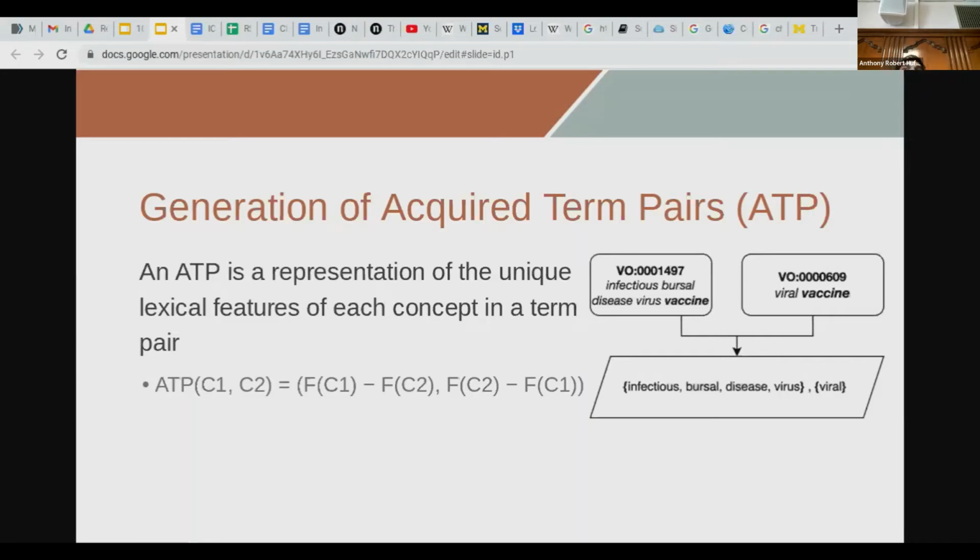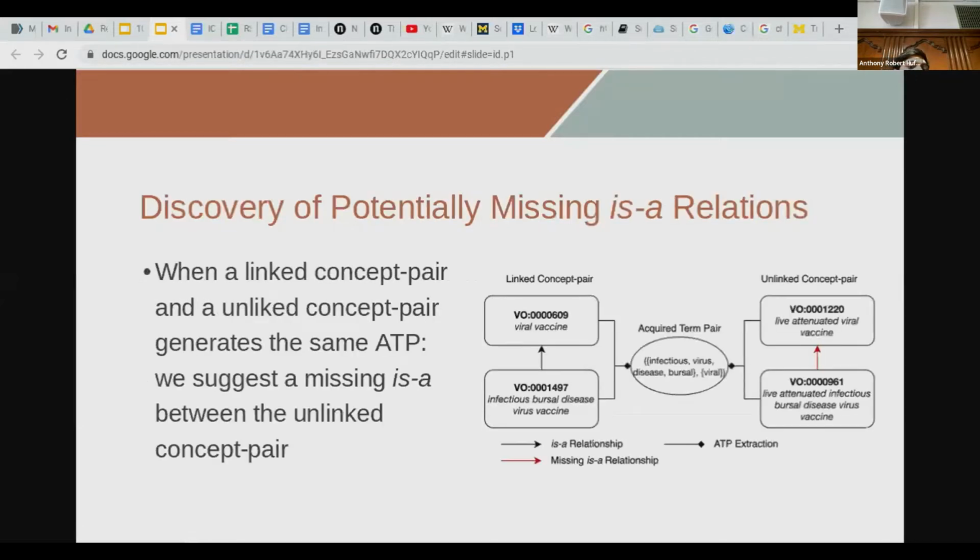We understand that from an ancestor to a descendant, we assume that certain features are passed down. So if the same acquired term pair is present for both an already linked concept pair and an unlinked concept pair that we have already identified, we suggest that this may be a potential missing is-a relationship.